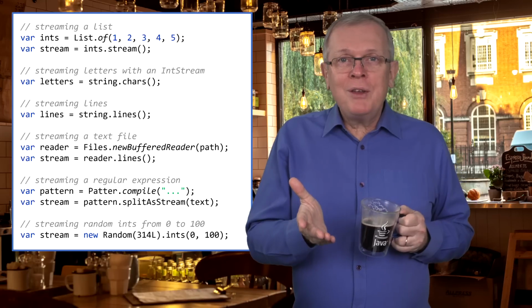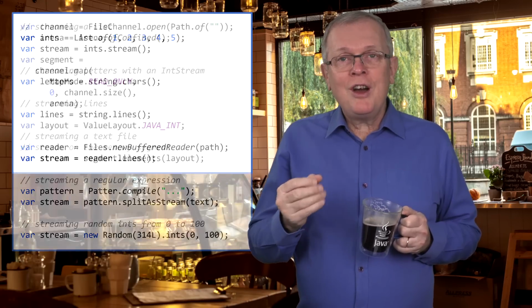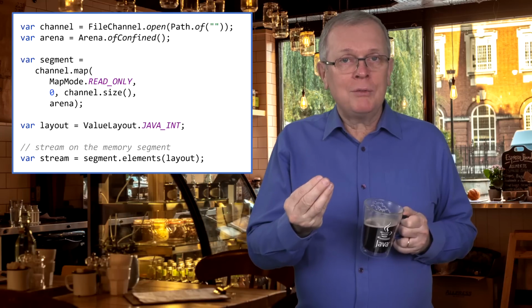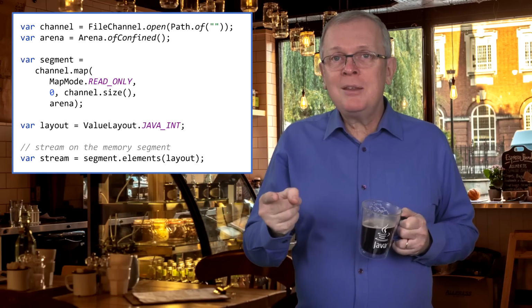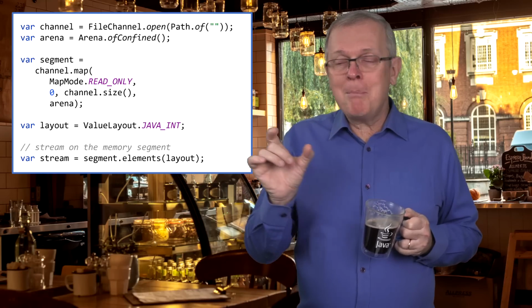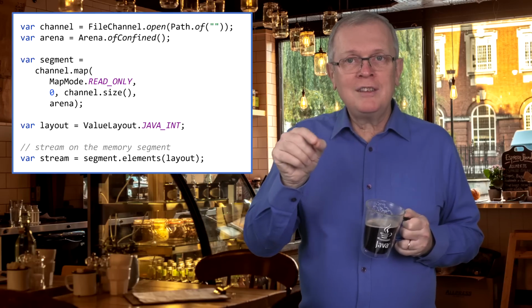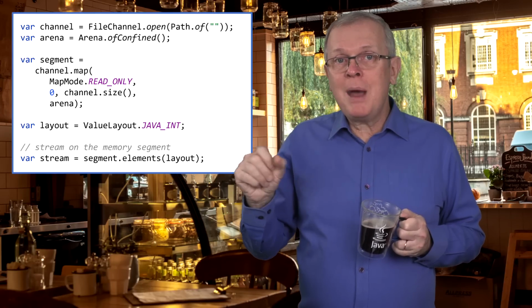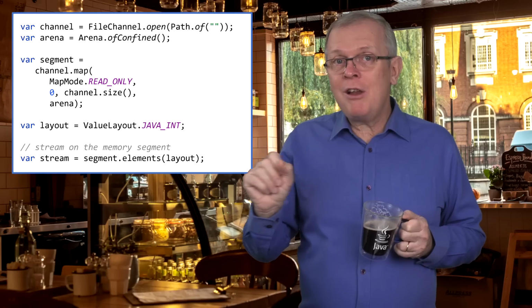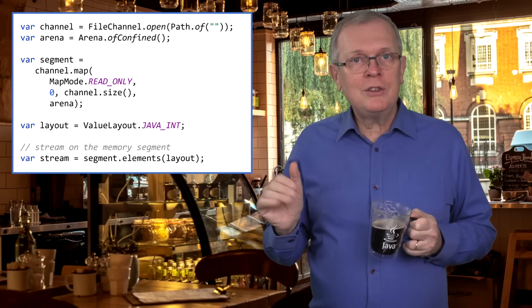And even the foreign function and memory API added to the JDK 22 offers you to stream the elements of a memory segment defined by a memory layout. You can get a memory segment that maps a file in memory, define a layout on it, and then stream this mapped file with a single line of code. So there is in fact no limit to what you can do.